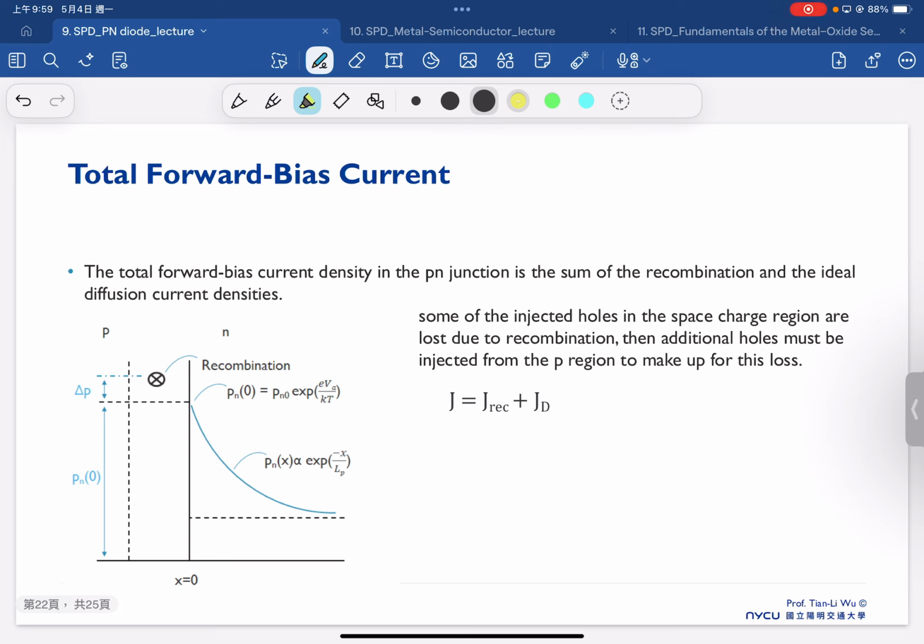Therefore, the total forward bias current density in the p-n junction is the sum of the recombination and ideal diffusion current densities. So under forward bias, we also have to take into account the impact coming from recombination, and therefore the total forward current is not only the diffusion current, but also the recombination current.